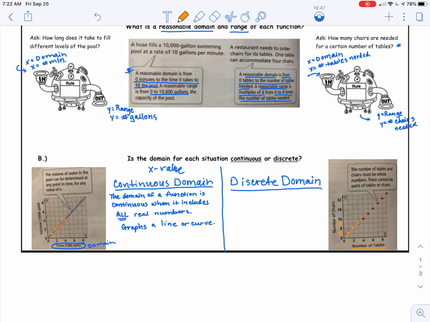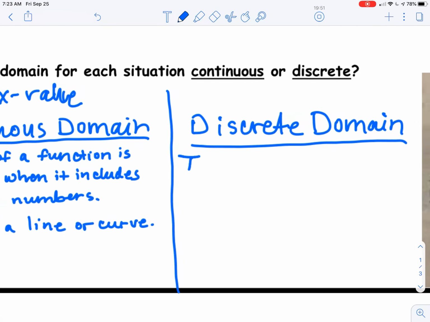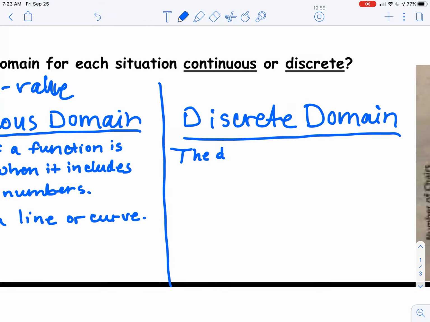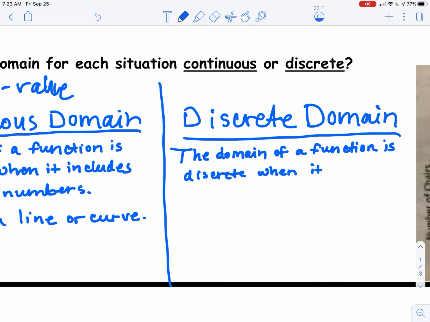But it can be the domain. So let's write that in over here. Let me get my blue pen back here. So the domain of a function here is discrete when it consists of just whole numbers or integers.